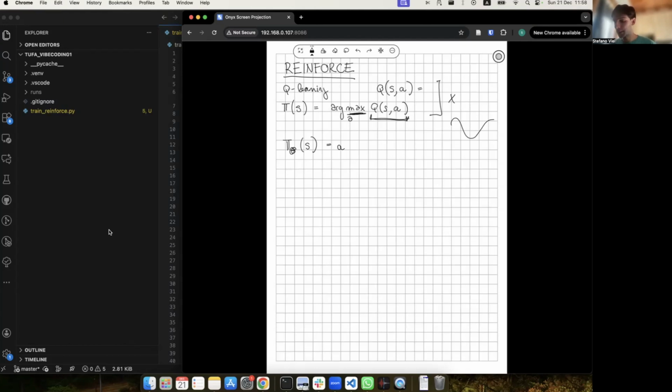There are a bunch of other advantages, like it can be shown that this policy gradient algorithm converges a bit faster, but I think this is the main one.